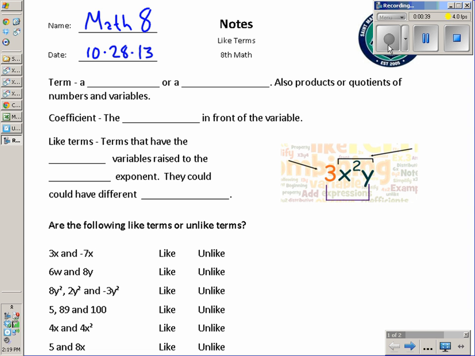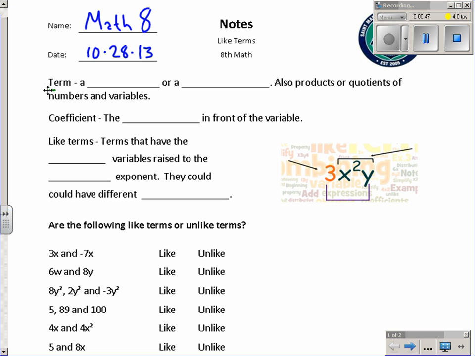All right, so before we dive in, we need to just make sure we're good on a couple vocabulary terms. So the first one is actually what is a term? And in algebra, that is a number or a variable, or it can be a number times a variable, or a variable divided by a number.